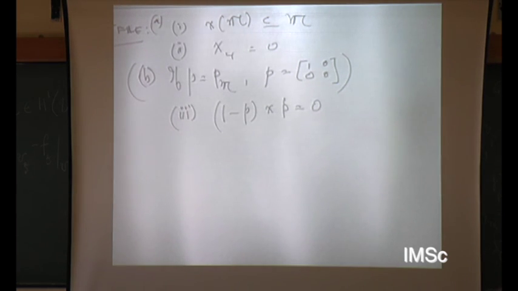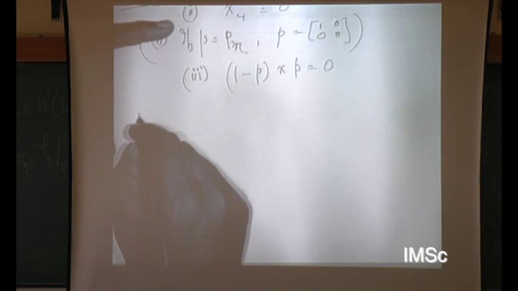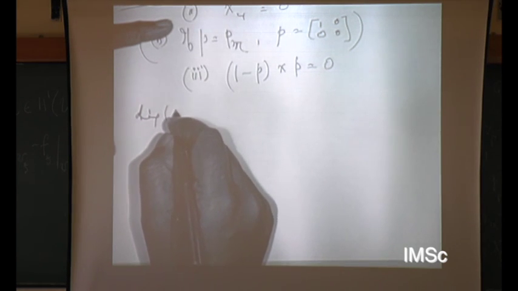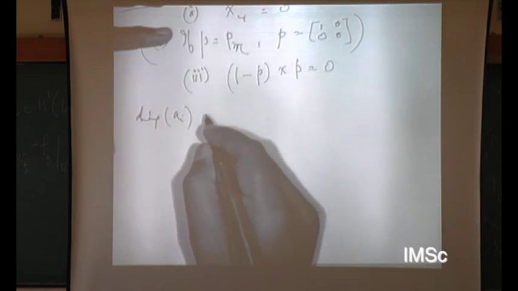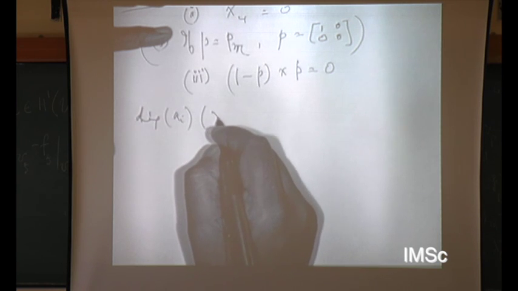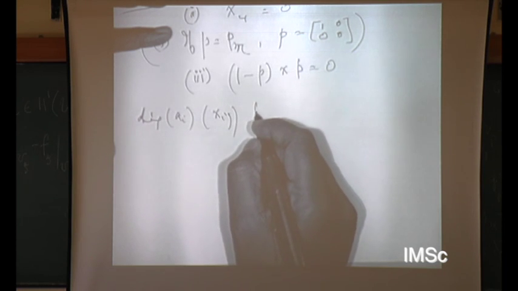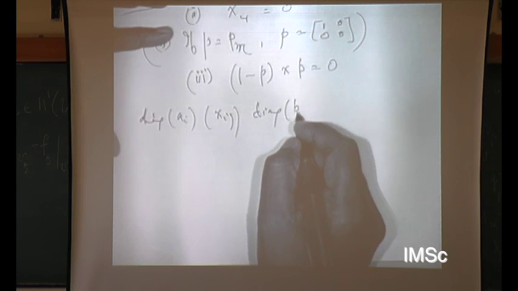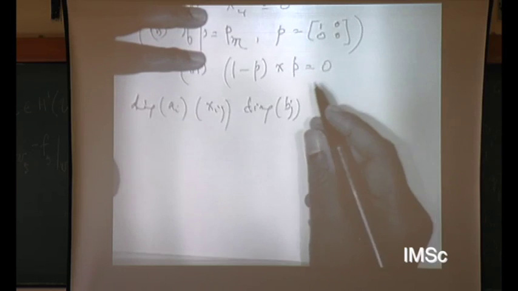In general, I want you to observe the following thing. If you take a diagonal matrix, lambda i, and if you multiply it by a matrix Xij, let me do it on both sides. So see the difference in left side and right side multiplication. Suppose you take two diagonal matrices and multiply by a square matrix in the middle. What will the ij entry of the product be?